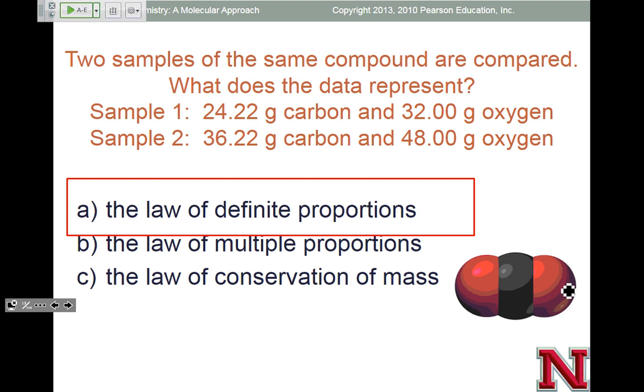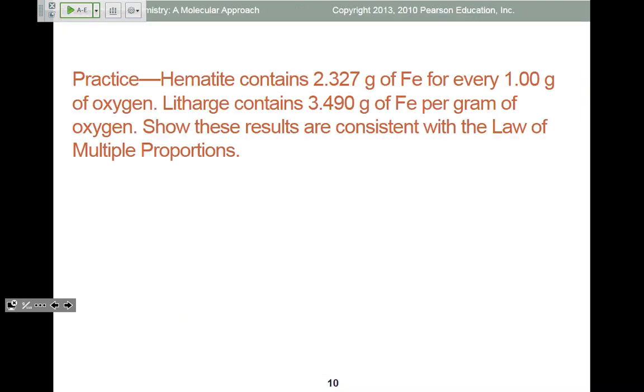So we're going to do the same thing, which is we're just going to show that our ratio of those two is going to give us a small whole number ratio. So we're going to take our mass of iron in litharge, and it's just because we have more, so we'll put our higher mass at the top, and our mass of iron in hematite.